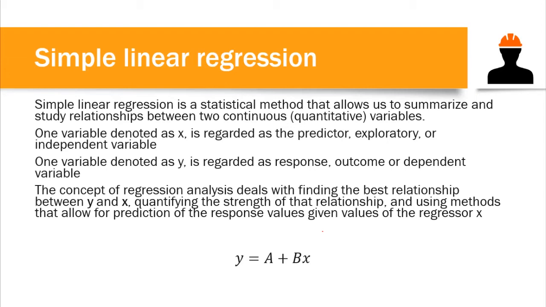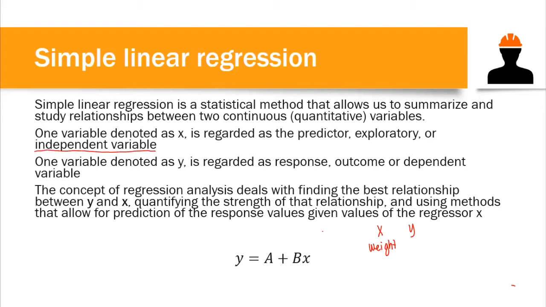But in actual practice, we use simple linear regression in prediction, if you want to predict an outcome given that we have a predictor. Like for example, you have two variables. We have your weight, that is your predictor, or your independent variable.